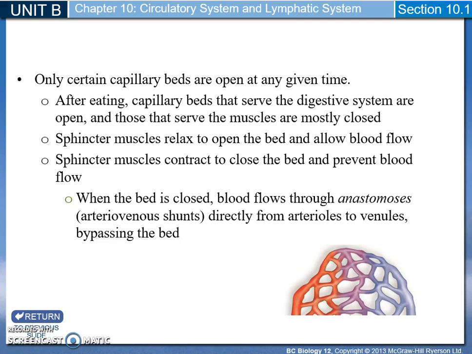So capillary beds are either open or closed, and if they are open, blood flows through them. If they're closed, then the blood flows through these anastomoses, which directly connect from arterioles to venules. And once again, arterioles are just the smaller arteries, and the venules are just the smaller veins.